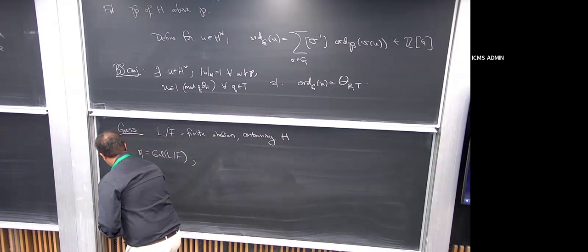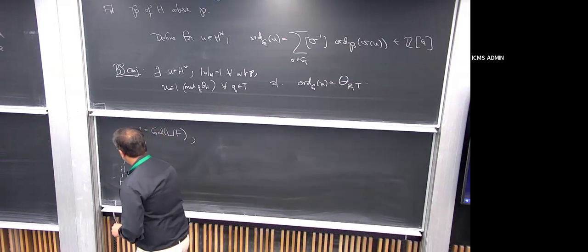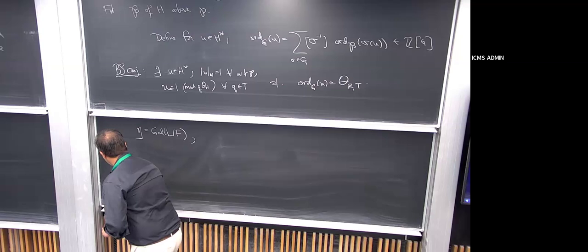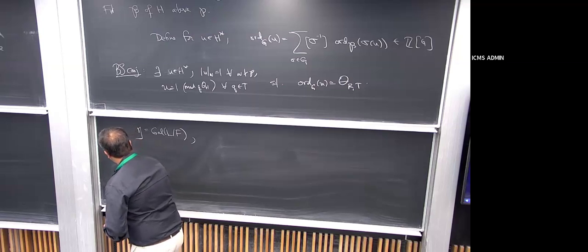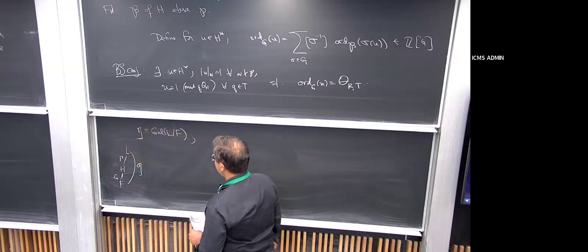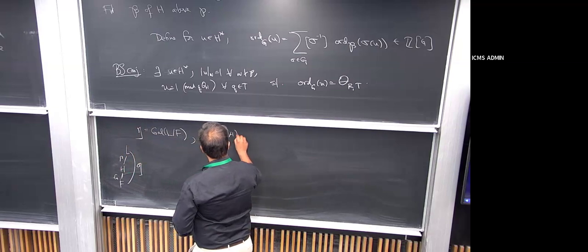You have L, H, F. This Galois group is G. I'm going to call this Gothic G, and then I'll call this gamma. So the Galois group of L over H is gamma.